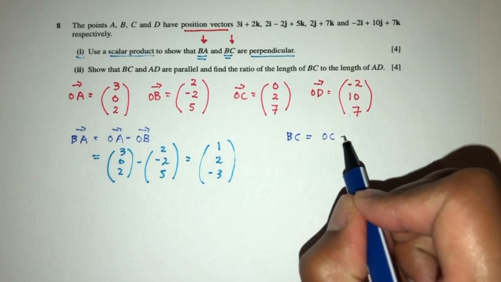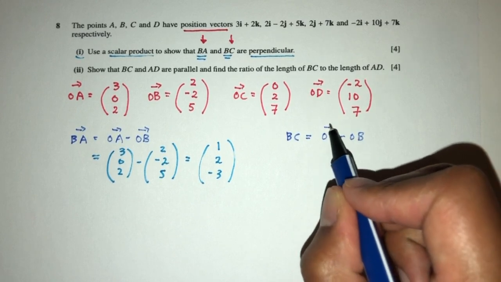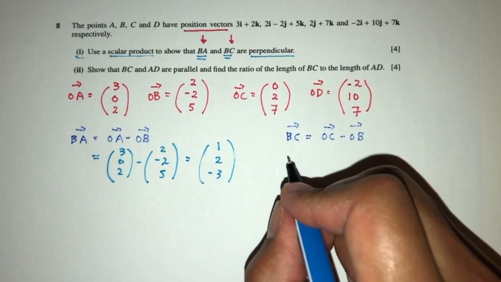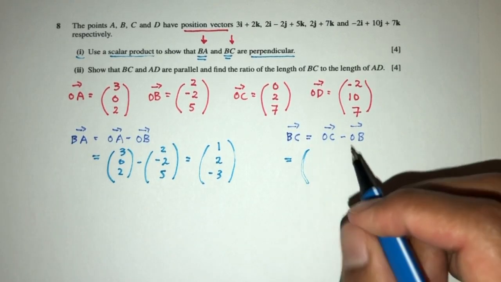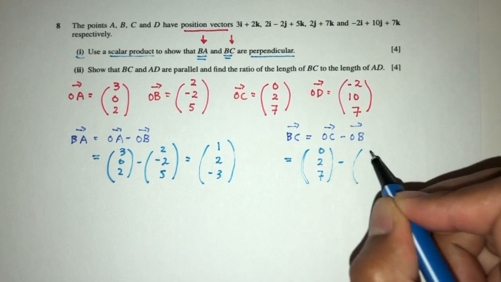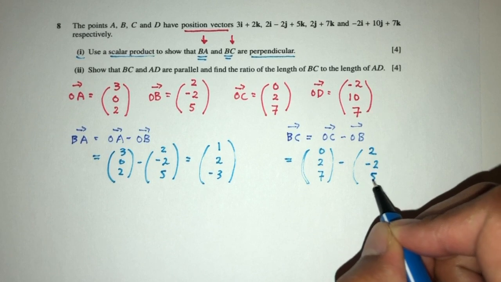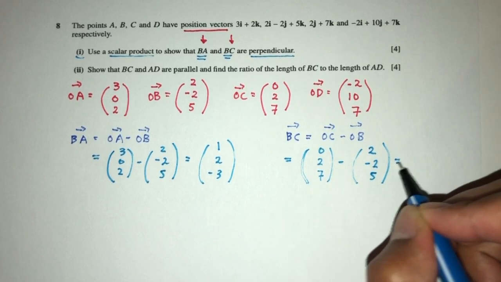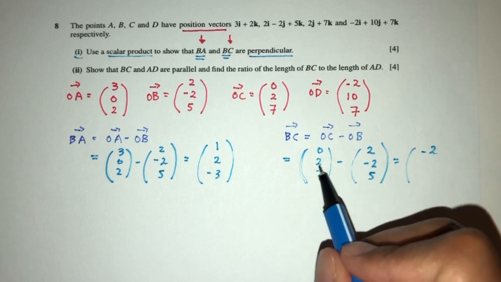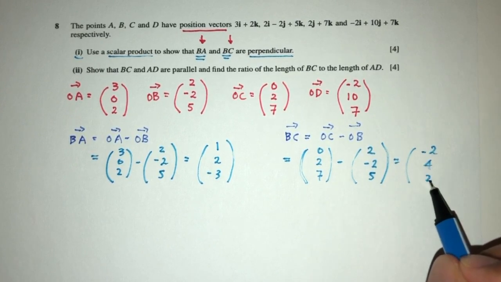That will be OC minus OB. OC will be 0, 2, 7, and OB again is 2, minus 2, 5. That will give you 0 minus 2 is minus 2, that will be 4, and that should be the value of 2.